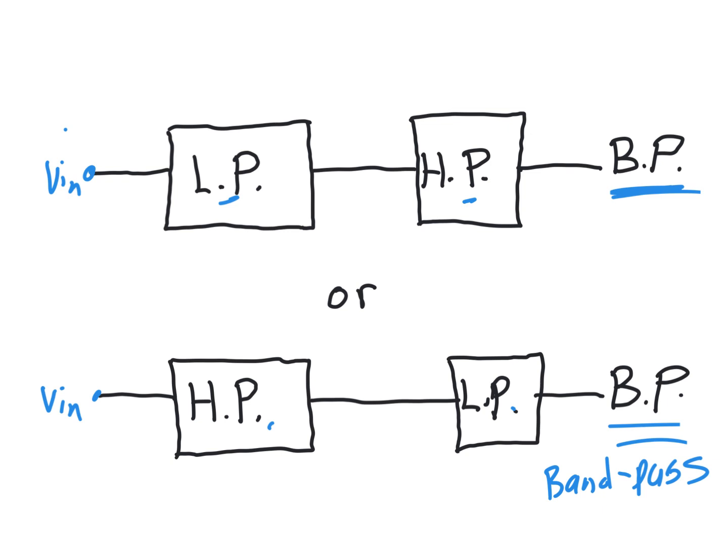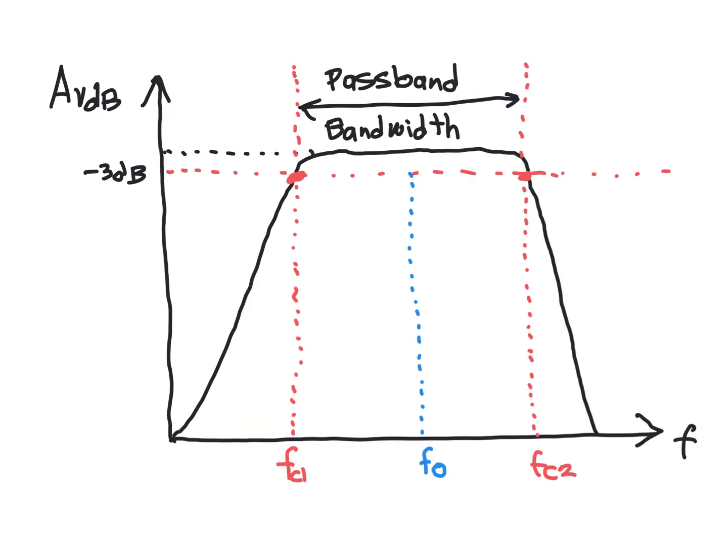All right. So, yeah, I went too far. So that's the standard band pass response. So you can see it's passing a range of frequencies that are between FC1, which is the lower critical frequency, and FC2, which is the upper critical frequency.